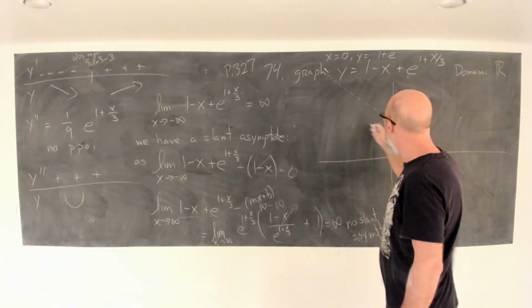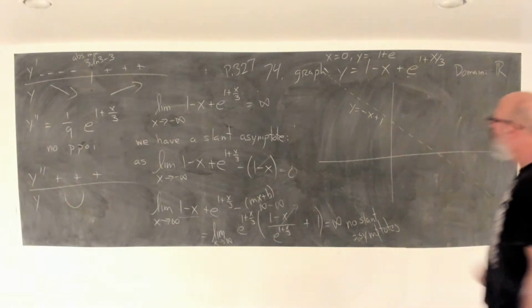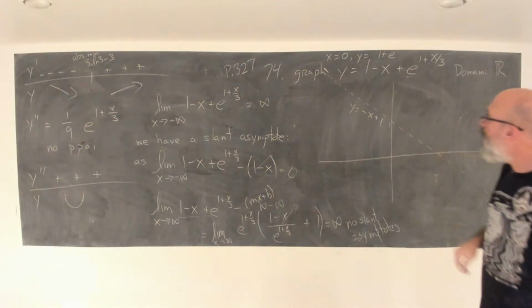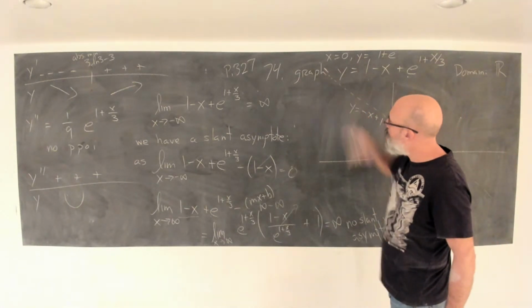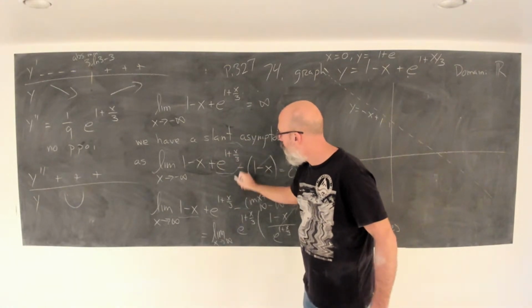So we drew the graph here, y equals minus x plus 1, a straight line with negative slope and y-intercept 1. And for large values, your function is very close to this, but slightly larger because this is positive.